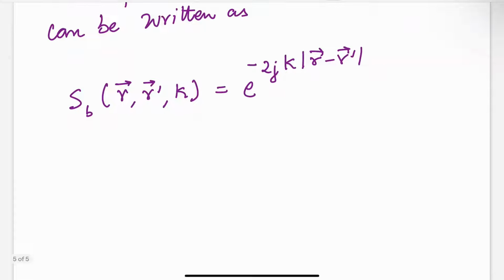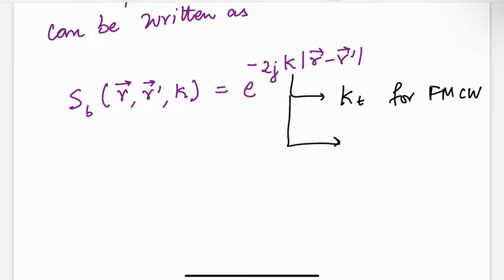Okay, so this k is k_t for FMCW, so it's a time domain thing for FMCW, whereas for step frequency and pulsed radar, it is simply k, which is ω over c.